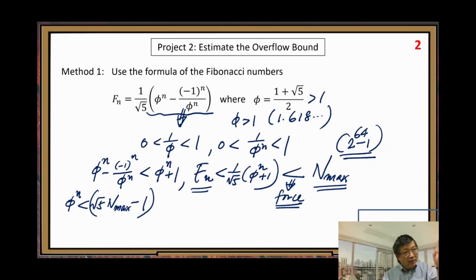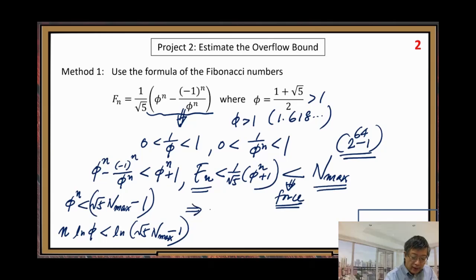Now it is time to take a logarithm. Let us use the natural log. n times natural log phi less than natural log of root 5 times N max minus 1.